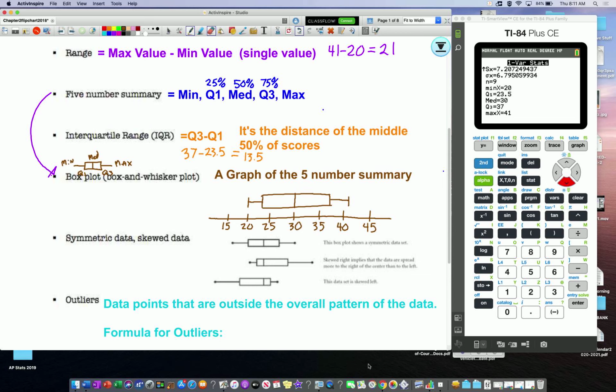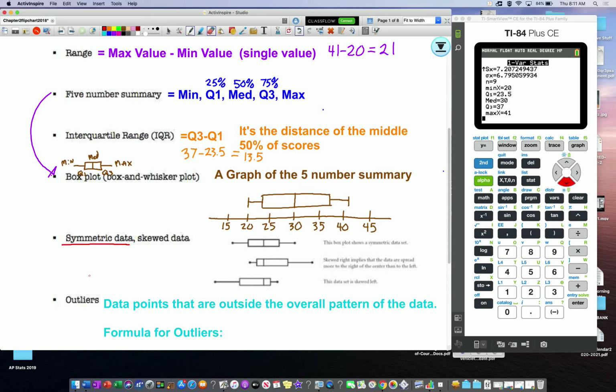All right, the last thing we're going to talk about is how we describe the shape of our distribution. To keep it basic and pretty simple, we'll either talk about the data being symmetric or we'll talk about it being skewed.